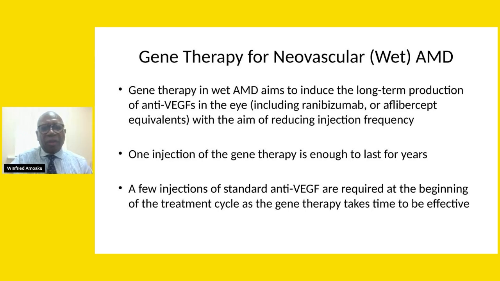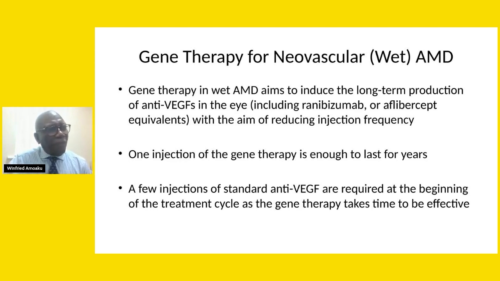So if you have a way of producing the anti-VEGF continuously in the eye, then that removes the need for recurrent injections. So the idea is that if it works, one injection of the gene therapy is enough to last for years.